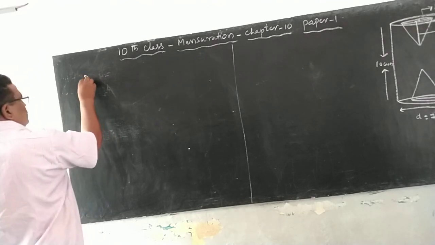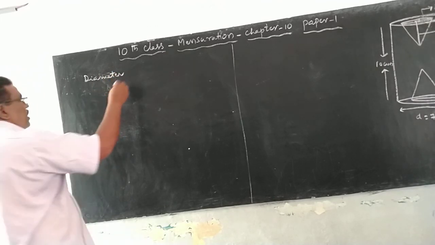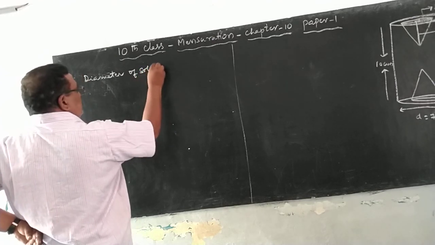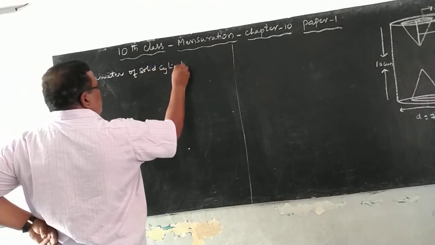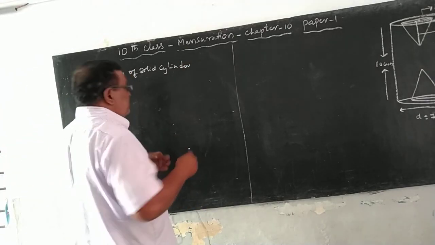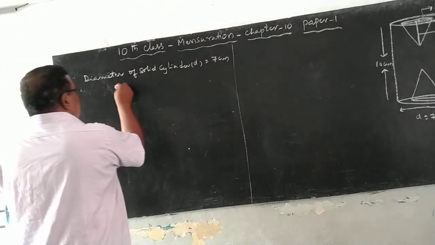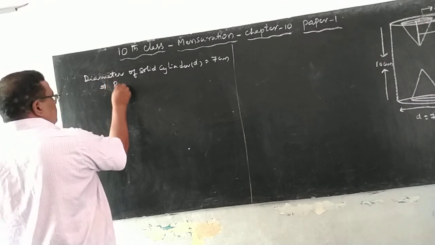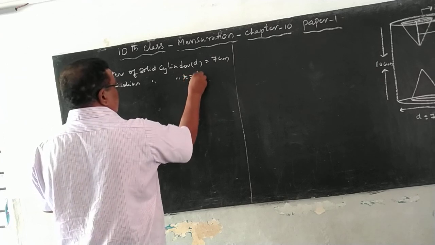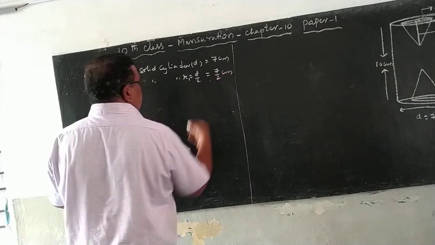So, diameter of solid cylinder, that is D is equal to 7 centimeters. Implies radius of solid cylinder, R1 is equal to D by 2, that is 7 by 2 centimeters.